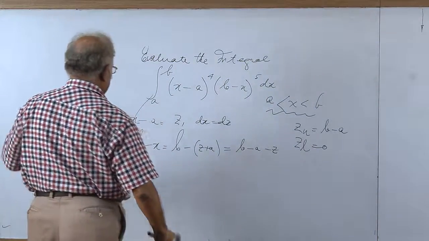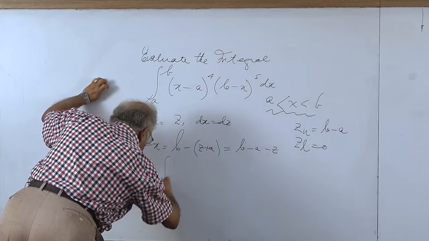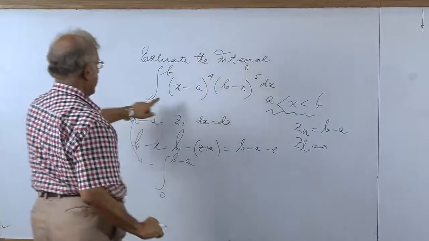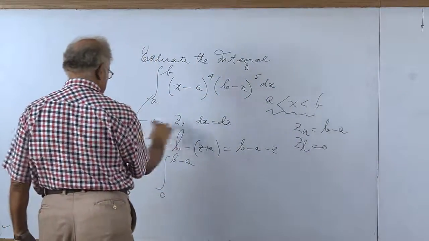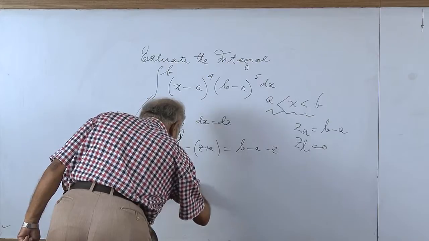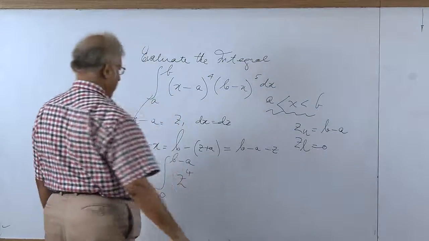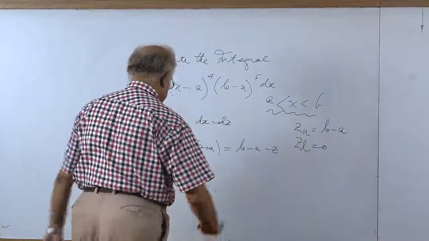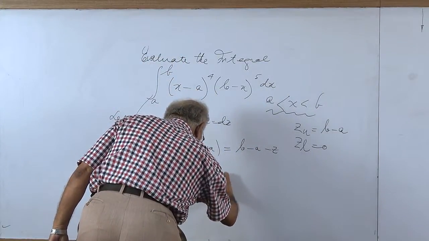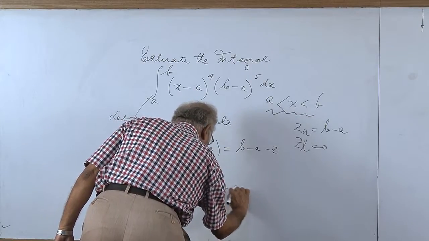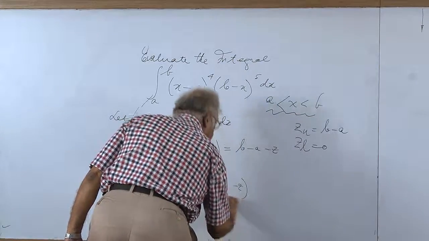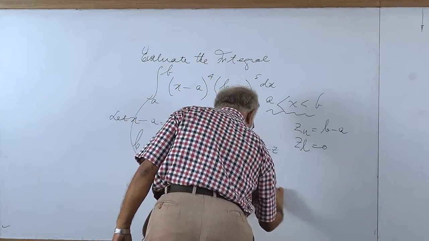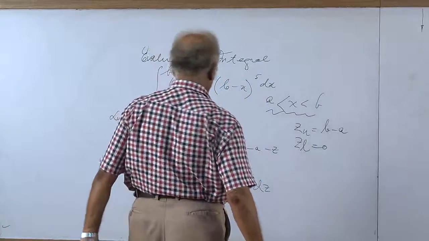Upper limit is b minus a, lower limit is 0, x minus a to the power of 4 is z to the power of 4, b minus x is b minus a minus z, so we put b minus a minus z to the power of 5, and dx and dz are the same.